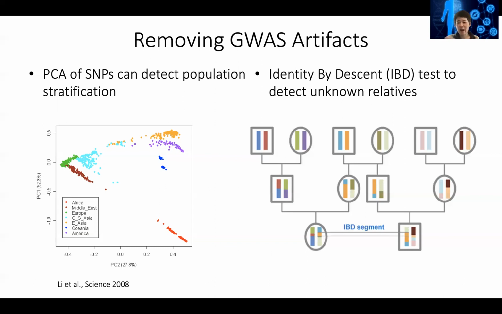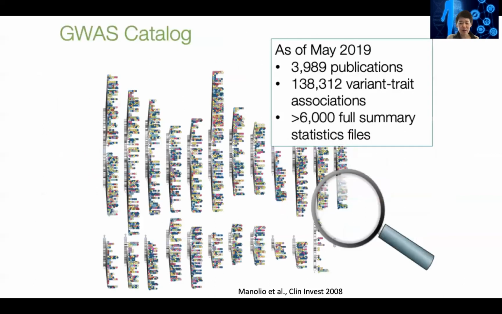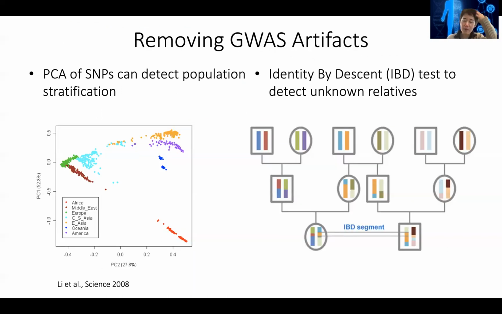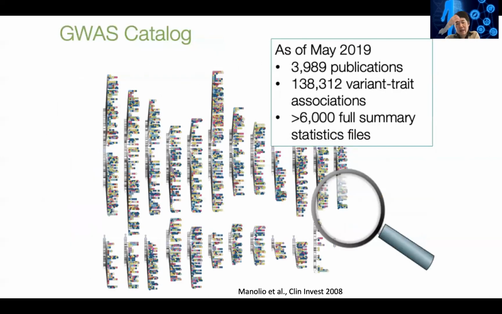And so if on the IBD test you see a lot of people from the same family, you might want to remove the siblings or the cousins from the study. You really want a representative member from unrelated families in your study. And so by this time, for example, this is a figure in 2019. In NCBI, there is a GWAS catalog.